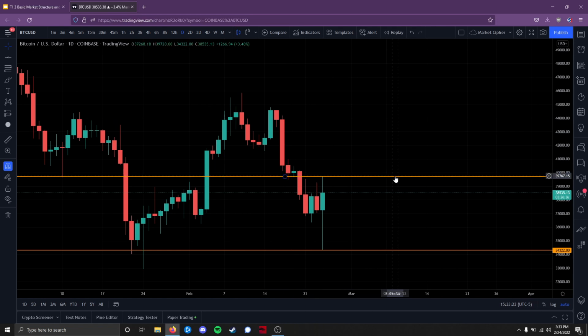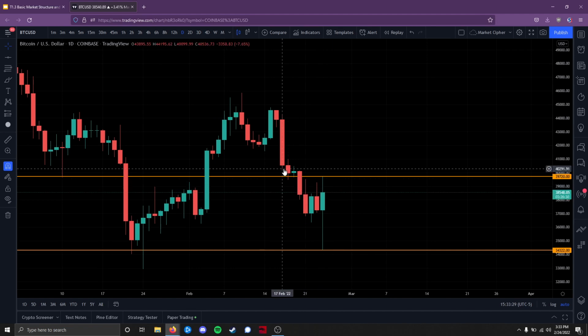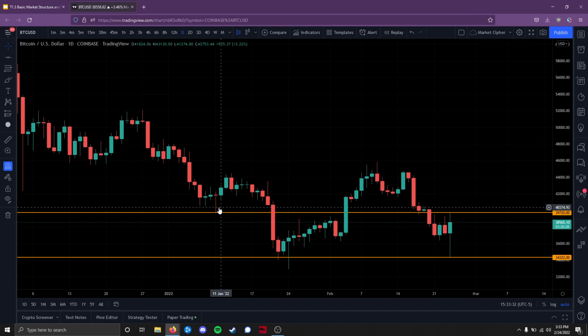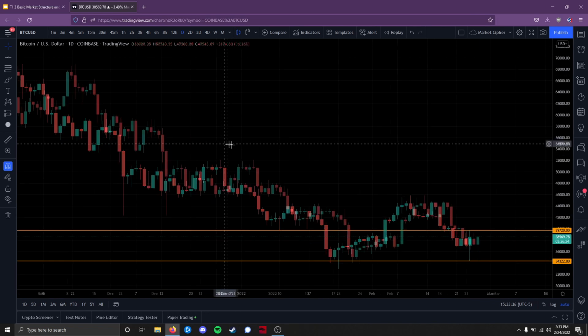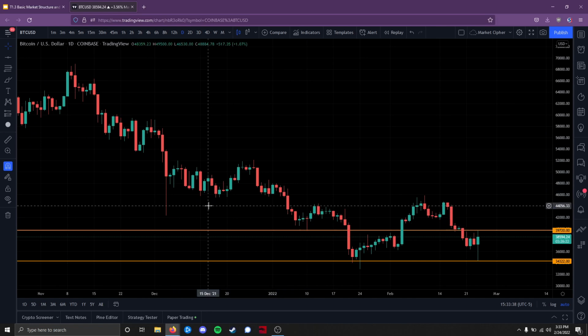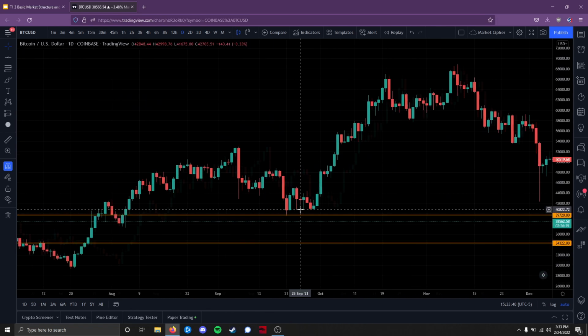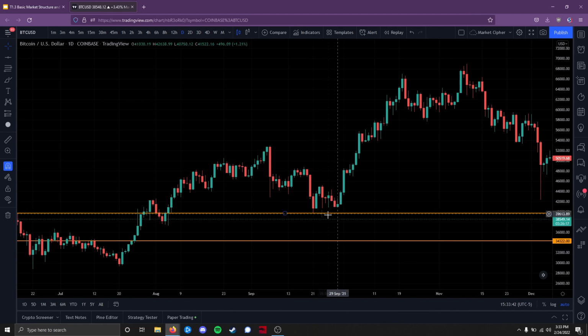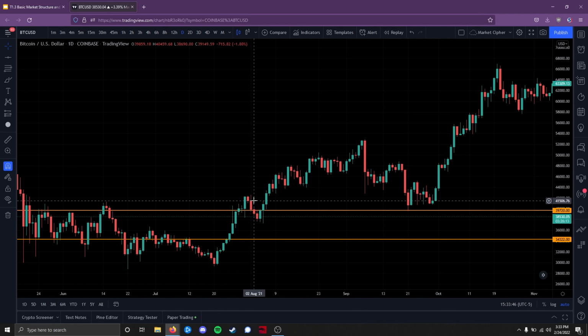I mean, this is 39K. We could argue it's 40K if we want to keep a solid number. We see a wick come down here, particularly, and ultimately a rejection back to the upside. So this is a level of support. Once again, more instances of support. This whole range, we could say, is here.